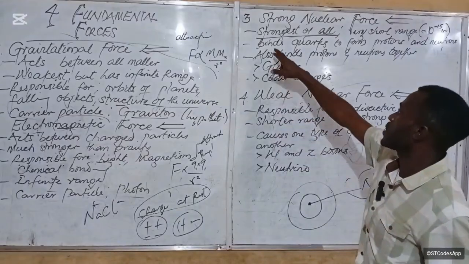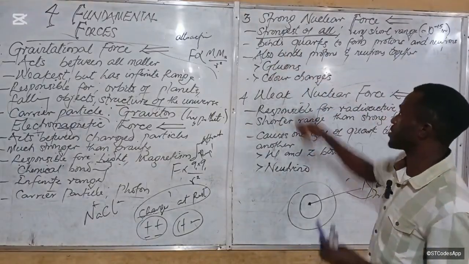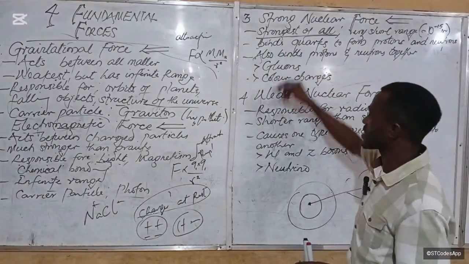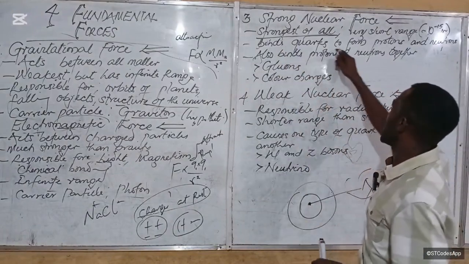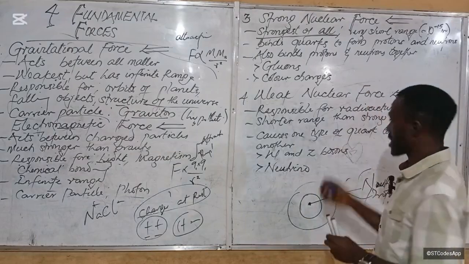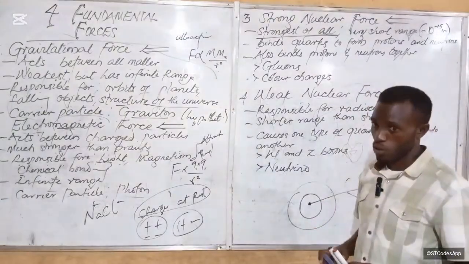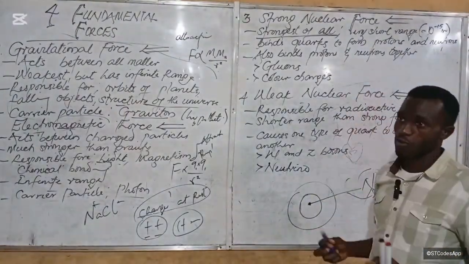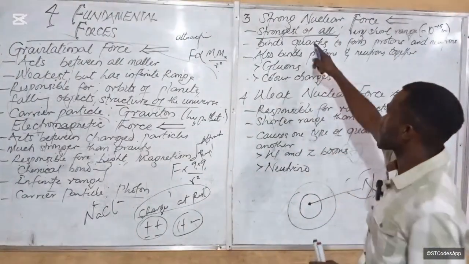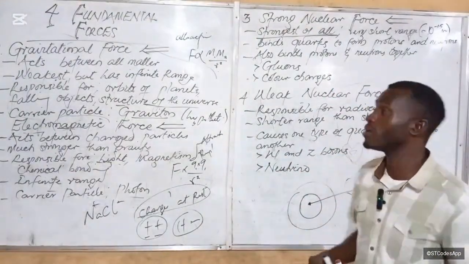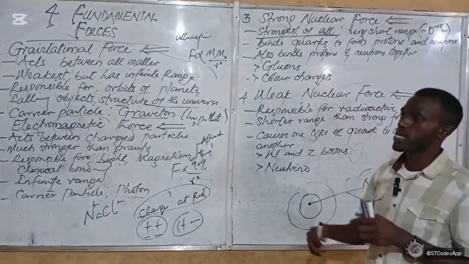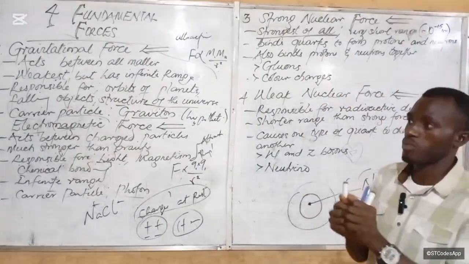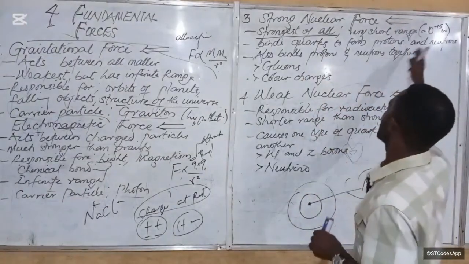And it also binds the quarks. Why do I say quarks? The quarks form the protons and the neutrons. The quarks are actually fundamental particles as well, and they are the ones that make up the protons and the neutrons.